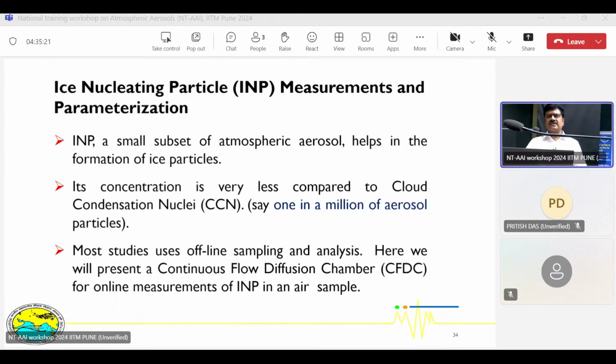Most of the studies done across the world use offline sampling, taking samples to a cloud chamber and analyzing. Here I will present a continuous flow diffusion chamber so that you can measure in real time. It is similar to what Subrata covered in the previous lecture for the CCN chamber, which is also a continuous flow diffusion chamber.